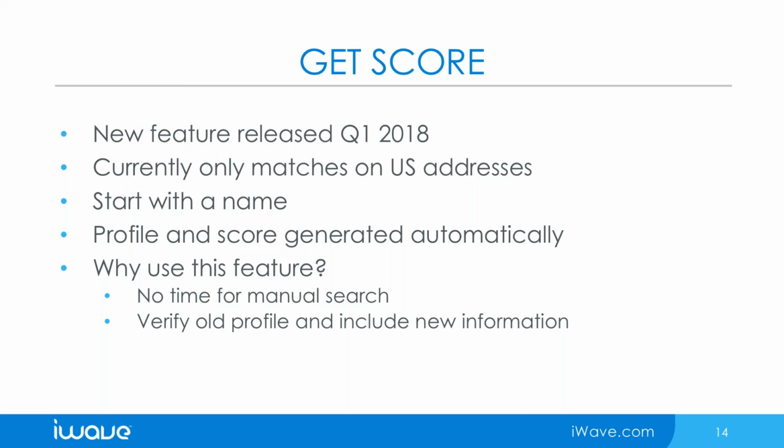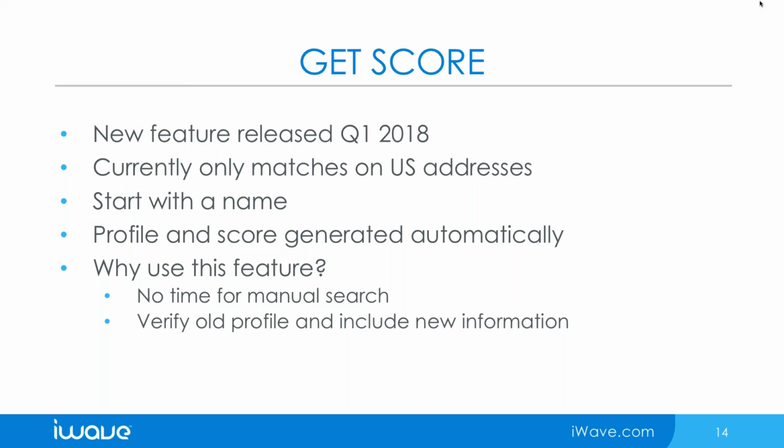All you need for this, really to start, is a name. The system will prompt you for more information based on the records that come back, and the system will automatically generate a profile and ProScore for you. You can then pass this on to your fundraiser. It won't have all the dots connected, but it will point out some areas where you can focus your future research, maybe with that 360 search.